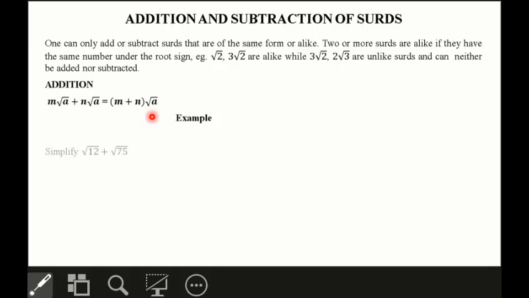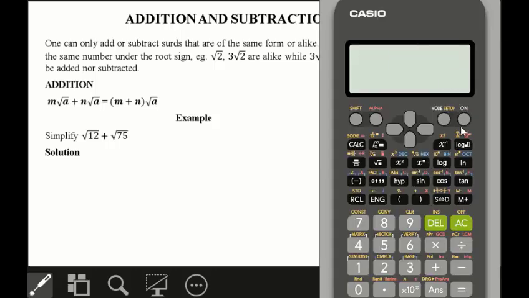Example, simplify the root of 12 plus the root of 5. So in our solution, over here, this root of 12, you take your calculator, punch the root of 12, which is giving us what? 2 root 3.